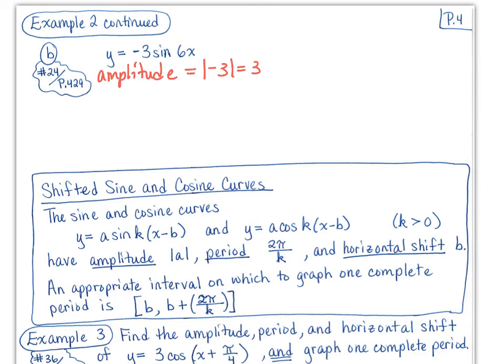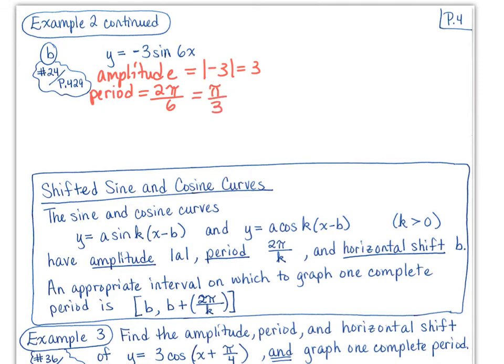What is the period? Pi over 3. Good. Because it's 2 pi over 6, 2 pi divided by the coefficient of x. Your k is whatever is in front of your x. So it's 2 pi over 6, which reduces to pi over 3.